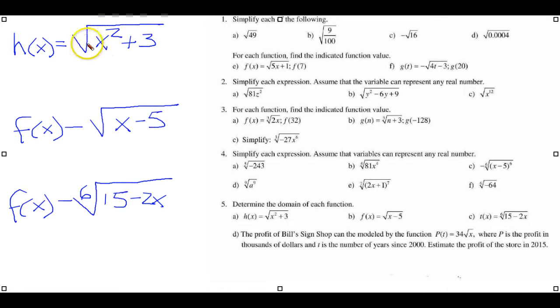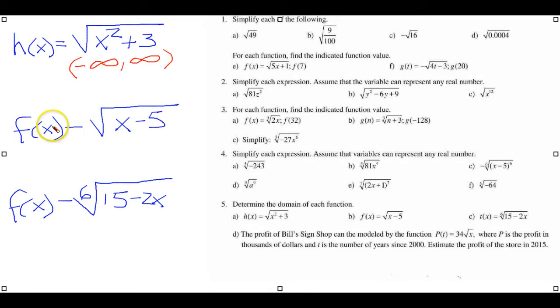So x has no restrictions. So it's from negative infinity to positive infinity. That would be interval notation. Notice infinity is with a parenthesis, and negative infinity comes first.